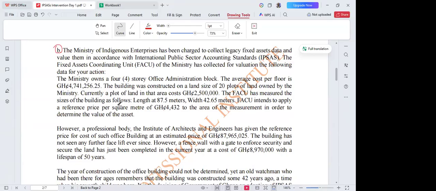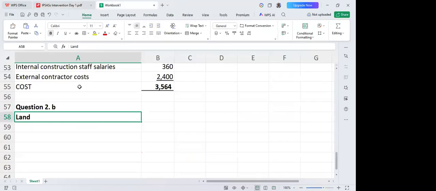Okay, so the value of the land will be equal to the 20 plots times the cost, that's 2.5 million, which is the current price of a plot of land in the area. Thank you. So we know the number of plots, right? We have 20 plots of land, and they have given us the cost per plot to be 2.5 million. So that's how you get the land.